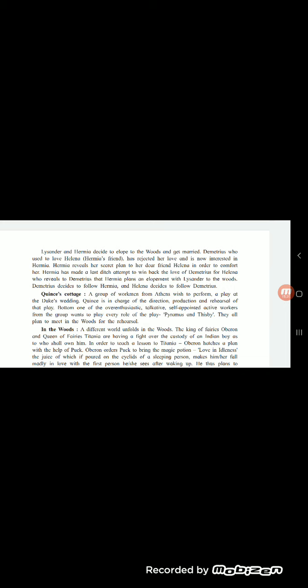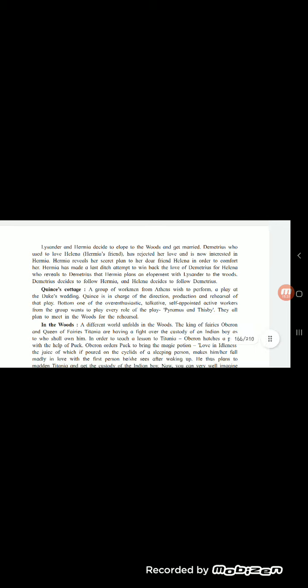This is what she thinks. So she goes to Demetrius and tells him that Hermia is going to elope at night, and she confesses her love to Demetrius, but he refuses her love and decides to follow Hermia and Lysander in the woods. Now what is going to happen?